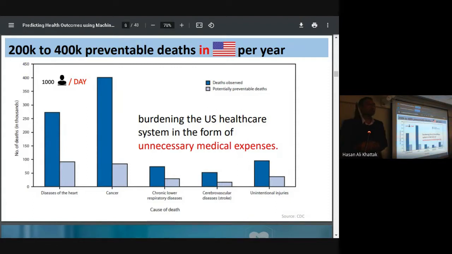If we are able to somehow reduce these preventable deaths, which are burdening the US healthcare system, we definitely can save a lot of money. And as I said, this money could then be rerouted to lower the overall spending of individuals, people who are spending like $200 to $1,000 per month.